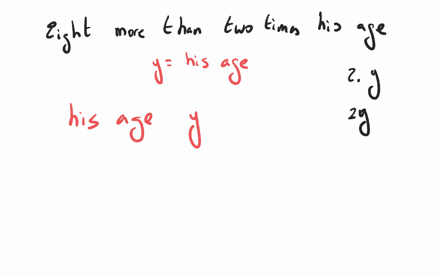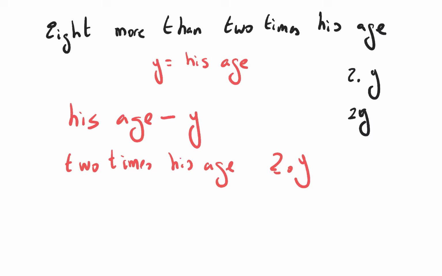So 8 more than 2 times his age. 2 times his age is 2 times y. His age is y, and 2 times his age is 2y.